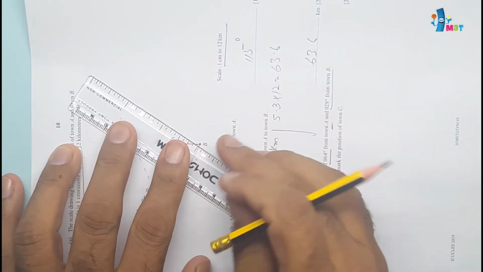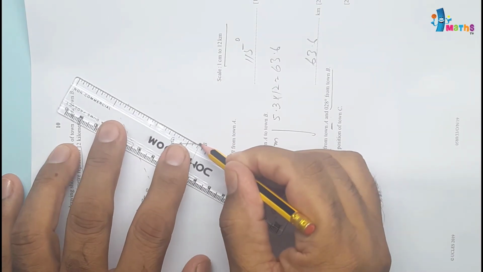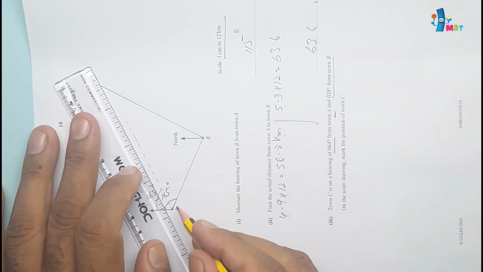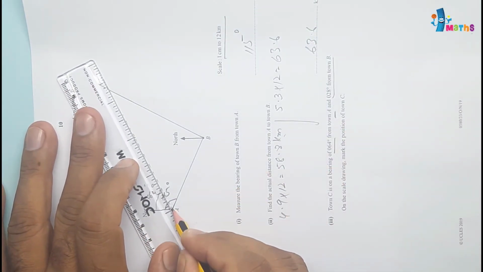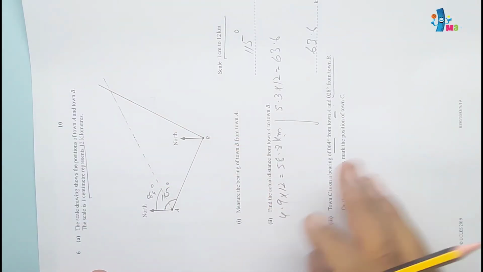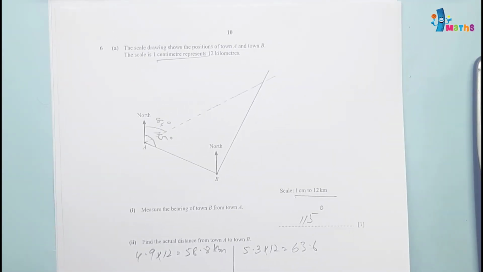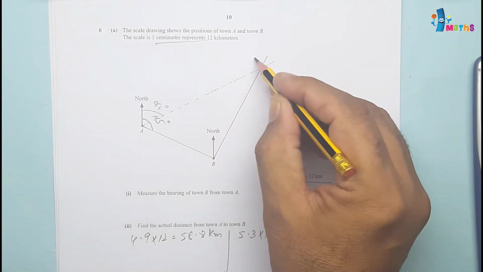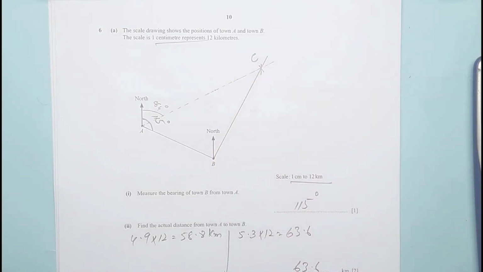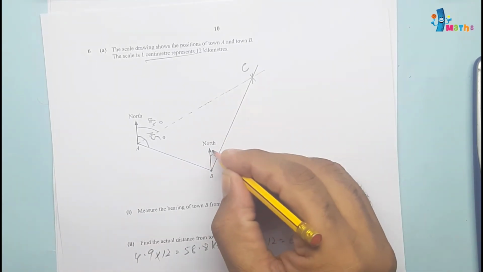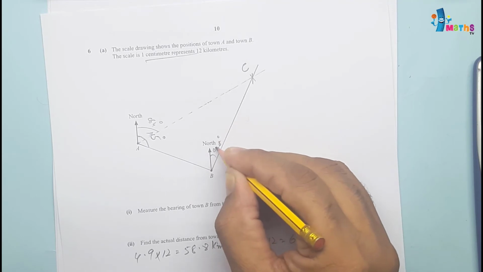So we can extend this 028, and this is the line, and now we can extend this dotted line as well. I'll keep this dotted line as dotted, not an issue. And this is the final thing they are saying: on the scale drawing, mark the position of town C. This is basically the position of town C, and we have to write here 028 degrees as well.